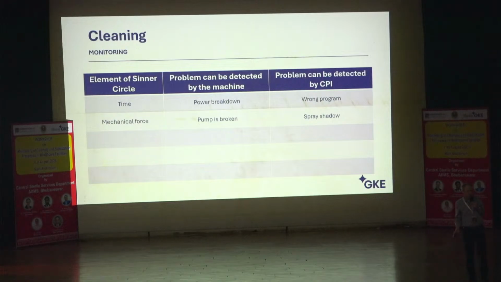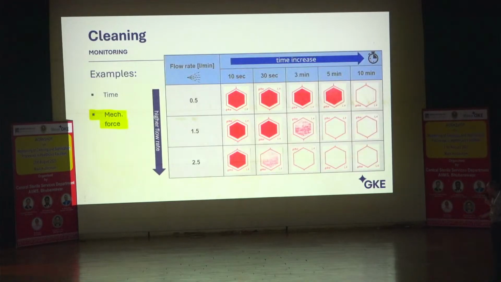The indicator can tell. The indicator will tell you, normally I'm clean after 3 minutes, now I'm not clean, so at the position where I have been, there was less flow rate. And this happens also quite often. Maybe I can show you a real example afterwards.